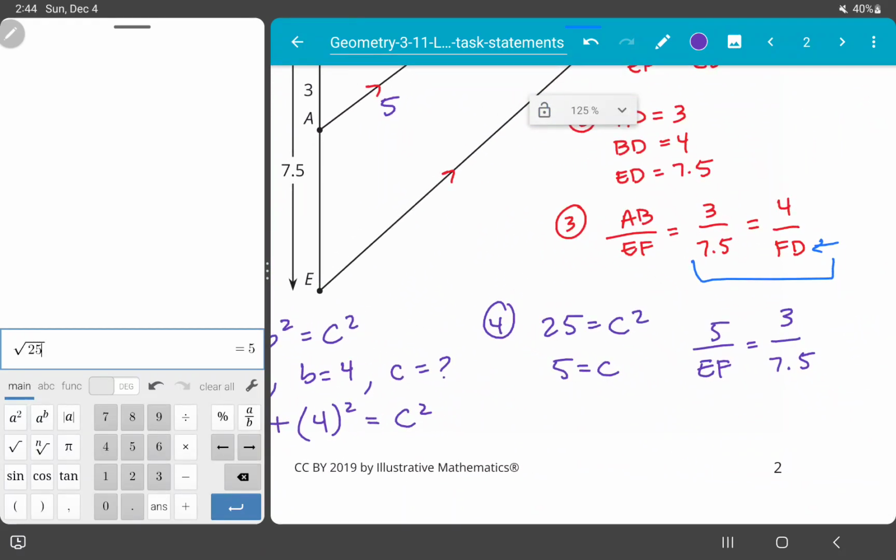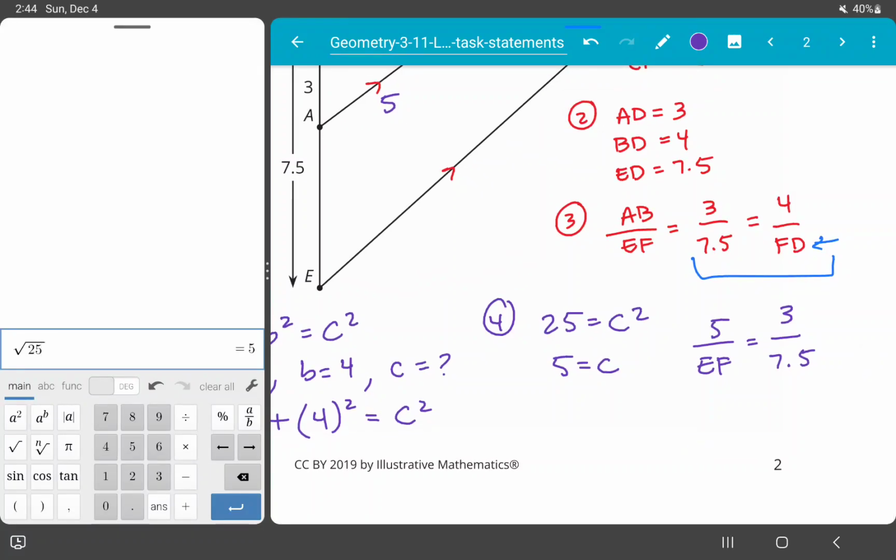And now we can solve that proportion. Okay. This time I'm going to use a different strategy. I'm going to use the strategy that says when we have a proportion, we can flip it upside down. So I'm going to rewrite this proportion as EF over 5 equals 7.5 over 3. And now I have EF, but it's being divided by 5.